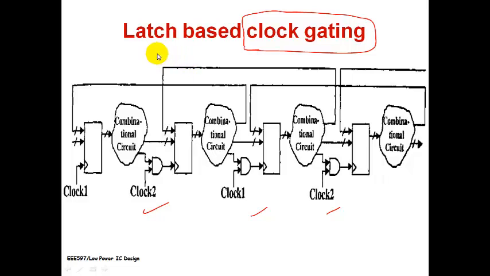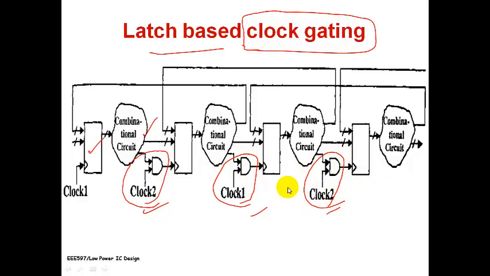Here I would have the latch based clock gating. I would have my first latch and a combinational logic circuit. What I have shown the previous figure, I have shown it in some other manner only to show that I am going to be gating as required for my particular application and send it. But only thing what we have got to remember in the case of this clock gating thing is, I would have these gates.